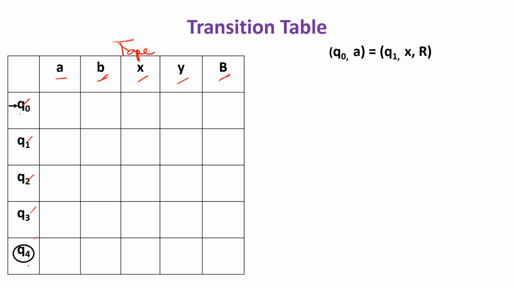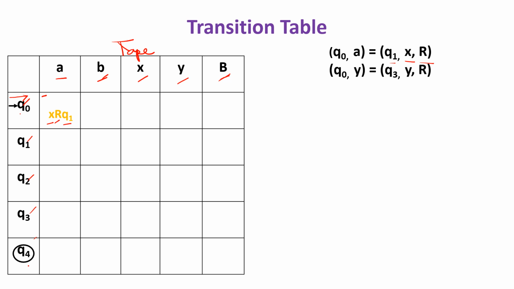So we have the 5 tape symbols. Coming to the delta transitions. The first delta transition is Q0A, at this location we will be having X R Q1. So X represents the change in the input symbol on the tape, then the direction of movement, right or left, and the change in the state.